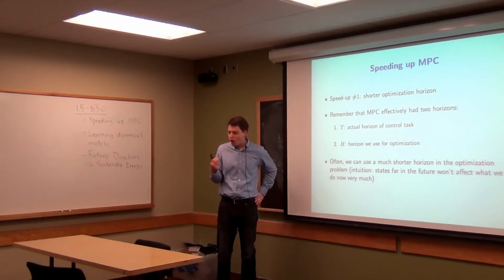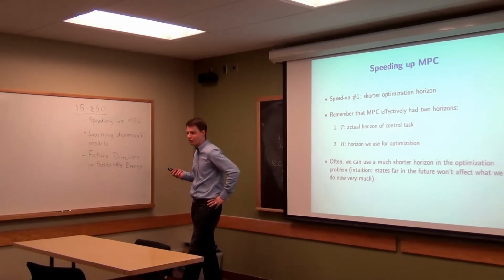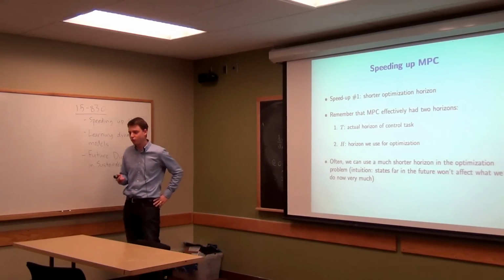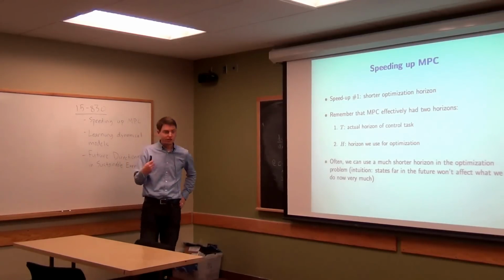Now, the problem with this, though, is that unfortunately what we need to do this well is to solve an optimization problem, potentially a very big one, at every single time.